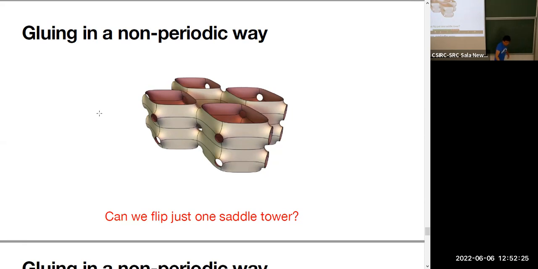Schwarz D surface has the saddle tower limit that looks like this. And here are the saddle towers that I drew with the intersection with a symmetry plane.